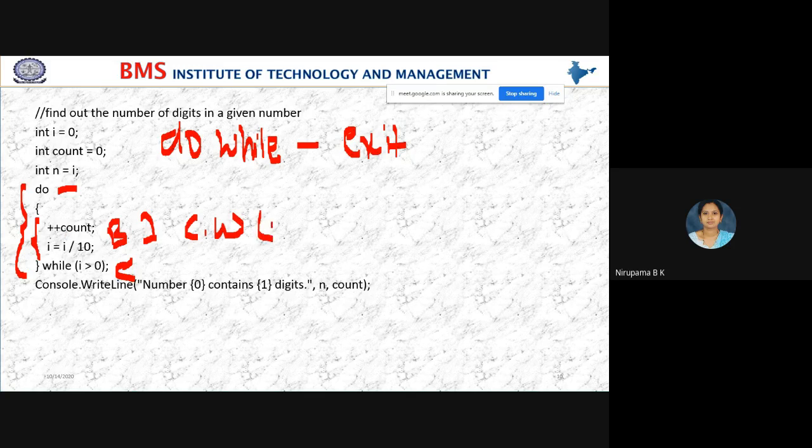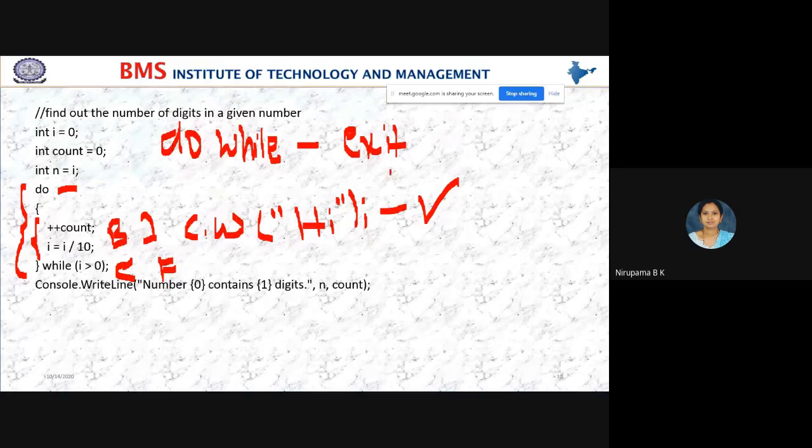If I include a Console.WriteLine with a hi statement, then that hi statement will be displayed. After displaying it, the condition will be checked. If the condition is false, it will not enter the body of the loop again. Though the condition is false, the body of the loop will be executed a minimum of once.